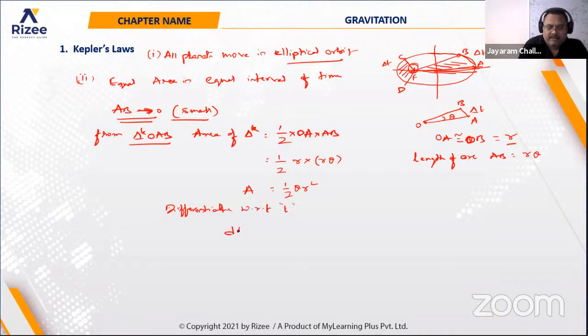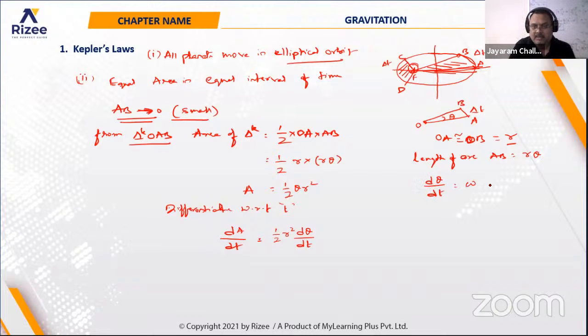Then dA by dt equals, since the radius is constant, half into r squared into d theta by dt, which is the change in the angle with respect to time. The rate of change of angle is nothing but omega, the angular frequency or angular velocity.